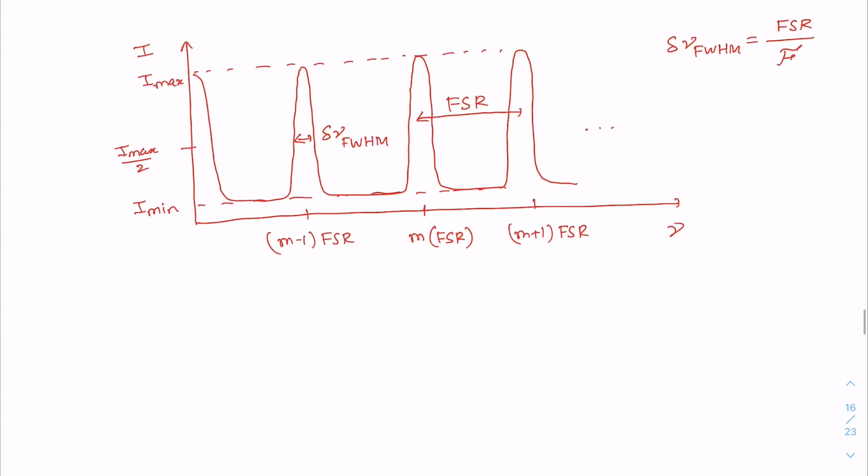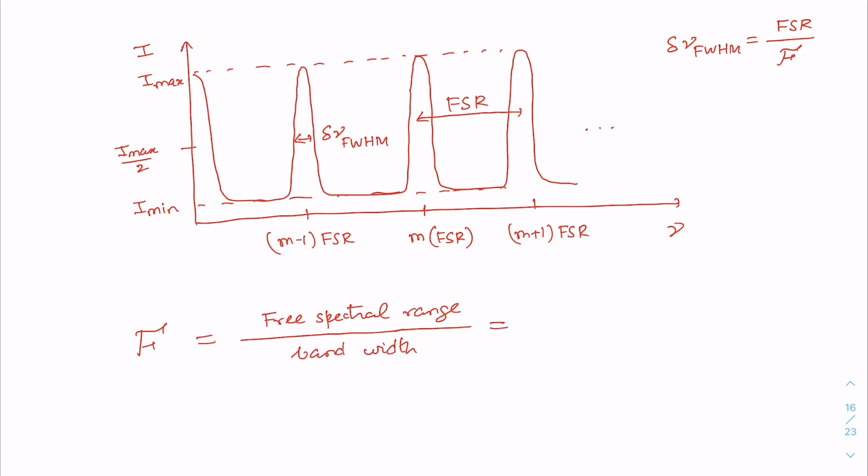The finesse of the cavity is a very important quantity, and it is defined as the ratio between the free spectral range divided by the bandwidth.